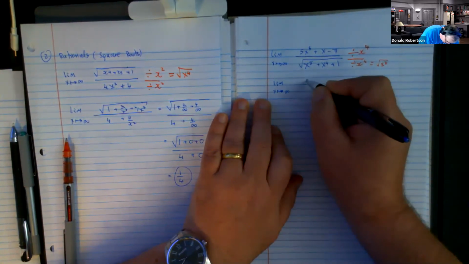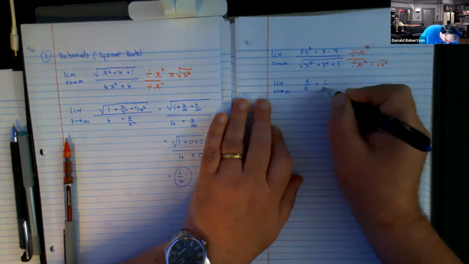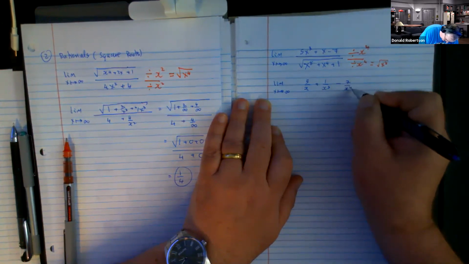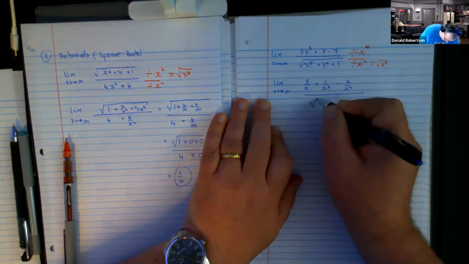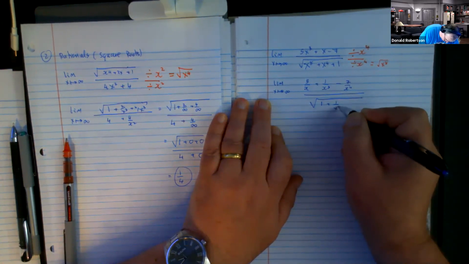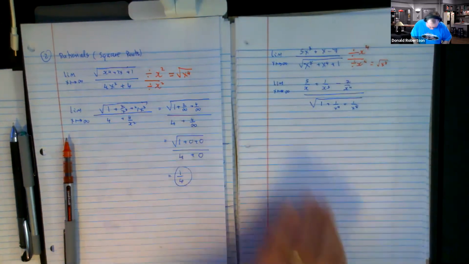We get 5 over x, 1 over x cubed, and that guy. And then the square root fellas, you get a 1 over x to the 4, and a 1 over x to the 8.